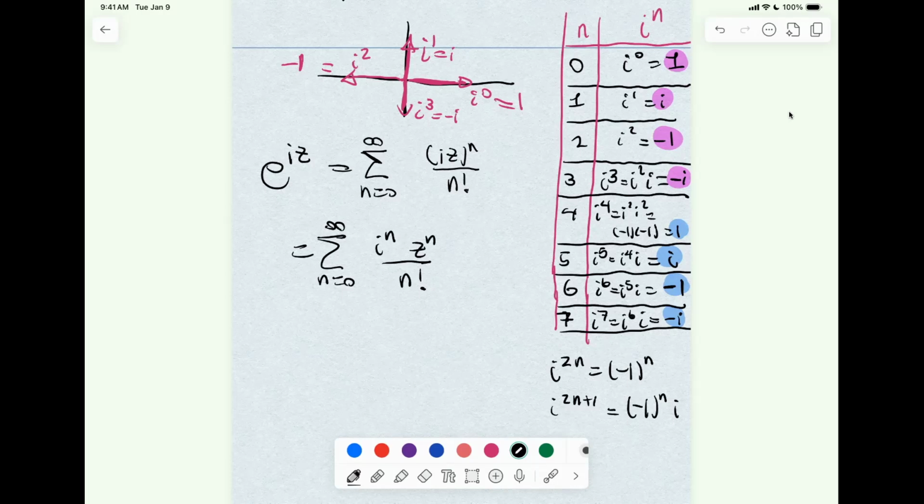So what that suggests is that you should split this series into the even powers and the odd powers, because there you have a little bit more information about which one is each.